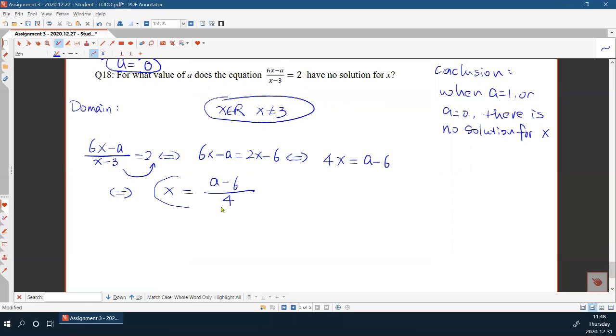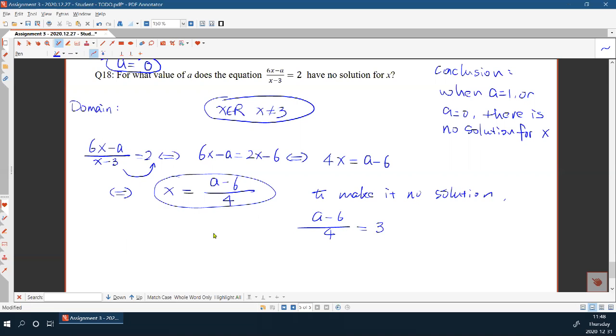This is our solution. How to make it have no solution for x? Because x could be any real number, but cannot be 3, right? So to make it no solution, the only thing you need to do is to make this value 3, right?